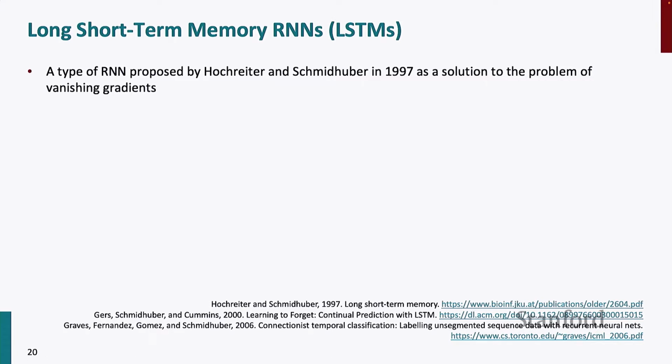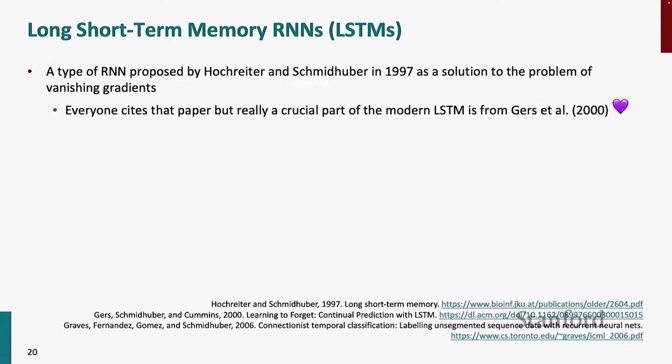There's actually a second relevant piece of work that came a few years later. That first paper is the one that everybody cites, but there's a second paper by Gers and Schmidhuber in 2000, which introduces a crucial part of the LSTM as we've used it in the 21st century that wasn't in the original paper.